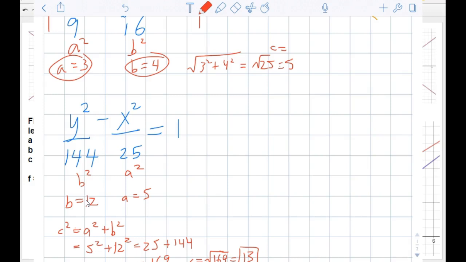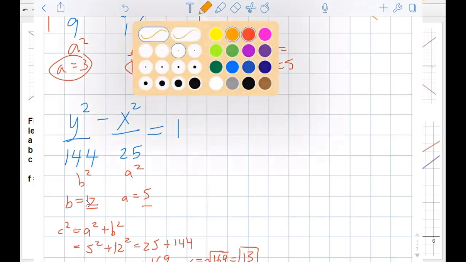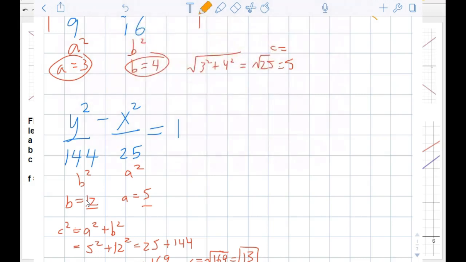Okay? So in this case, this is another special triangle. It's a 5, 12, 13 triangle. If I was to sketch this hyperbola, I would draw the rectangle first, right? Centered again at the origin, 0, 0, because there are no h and k values here. And I'm going to make it taller than it is wide, because in this case the a value is 5 and the b value is 12, right?